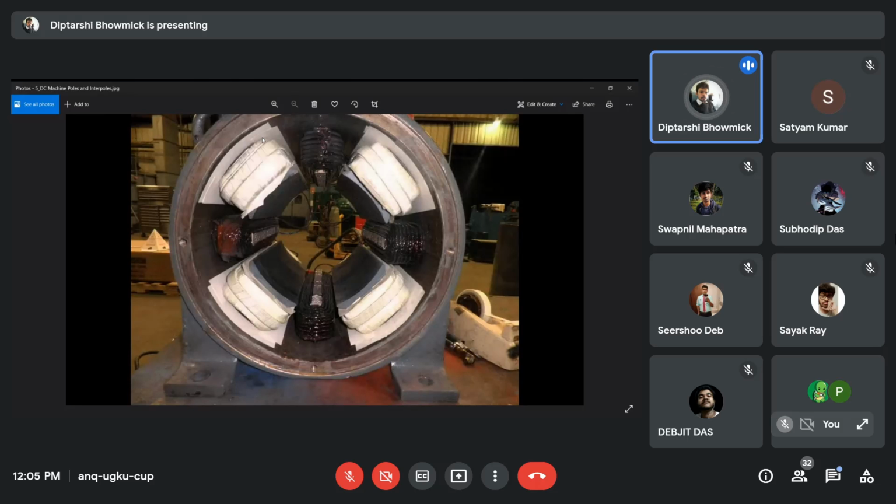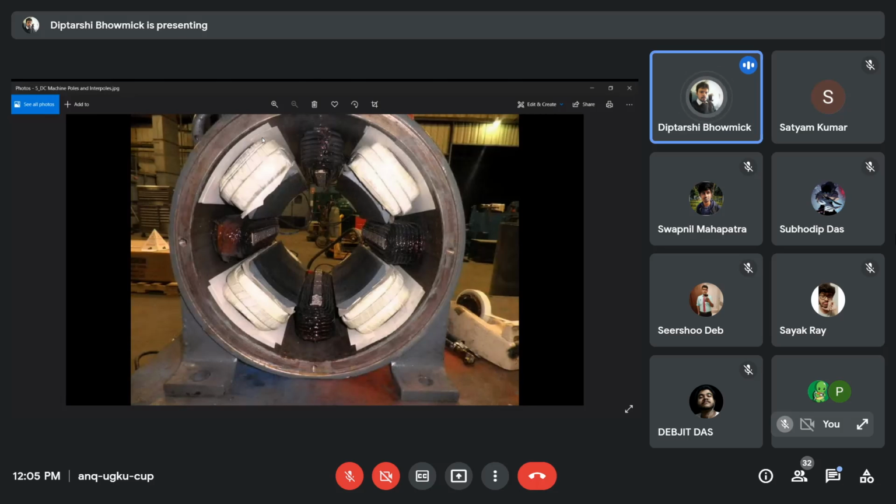So if the field coil is placed in series with the armature winding, we cannot restrict the current to the field winding. Whatever the current flowing through the armature winding, the current will be the same through the field winding. That's why in the DC series machine, a huge amount of current is flowing through the field winding. So if we want the required amount of flux, what do we have to do?